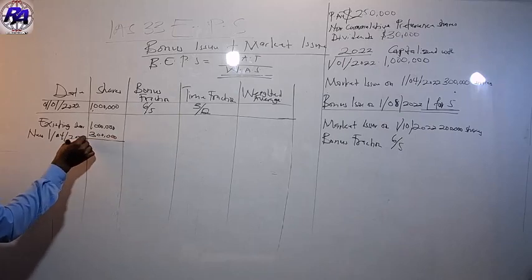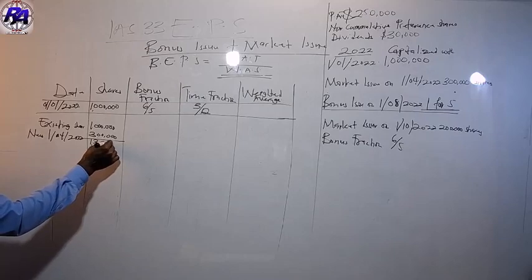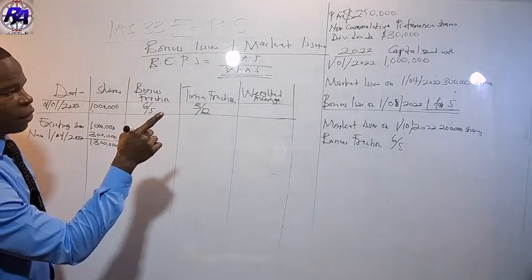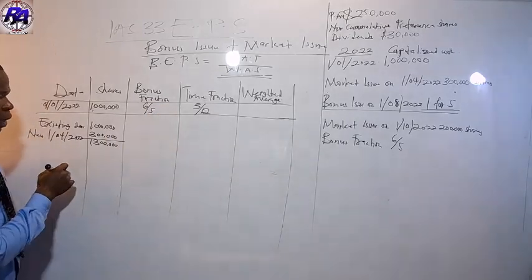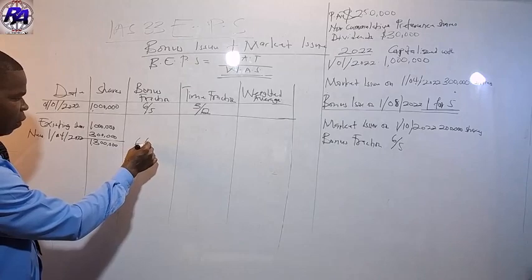So now we are capitalized with 1,300,000 shares as at 1st of April 2022. So we also multiply this by 6/5.